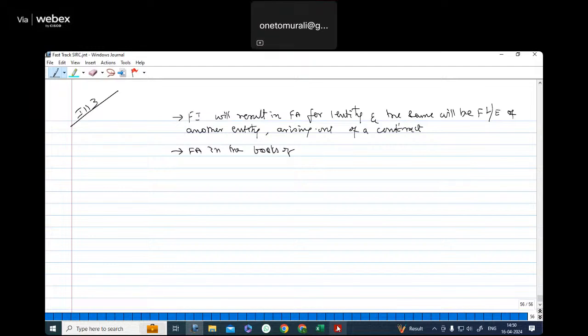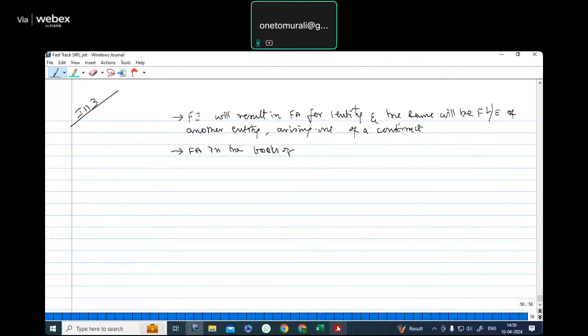Next, business model is to hold till maturity, and the SPPI test is also satisfied. The financial asset in the books of the holder shall be classified under amortized cost.